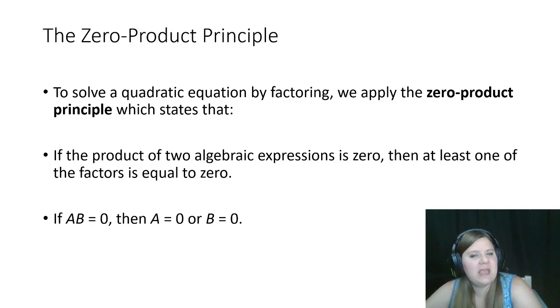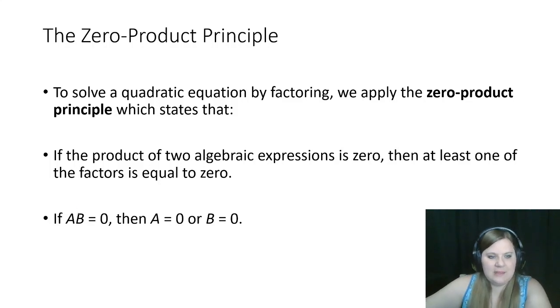If we can factor a quadratic equation where we have two things multiplied by each other equal to 0, then at least one of the factors is equal to 0. What does that mean? Well, if a times b equals 0, then either a equals 0 or b equals 0.